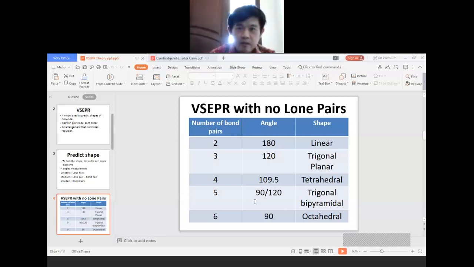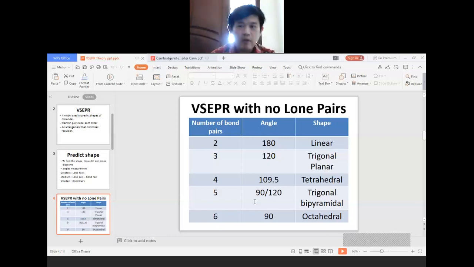And then 3 bond pairs with no lone pair. Example, C2H4, ethene. So it is divided by 2. On the right hand side, C double bond and then H2.